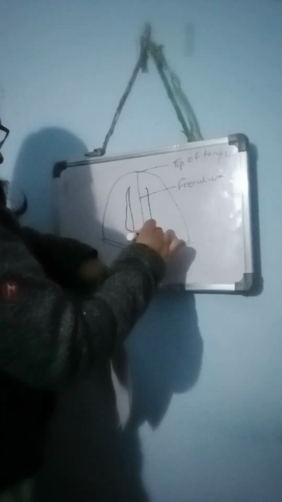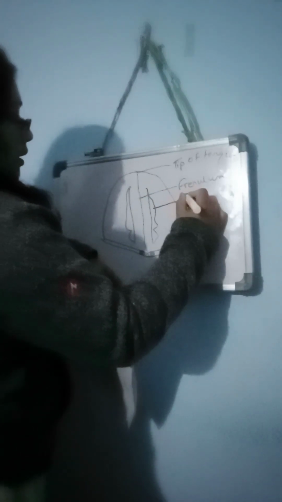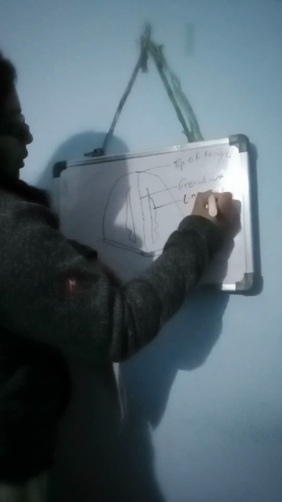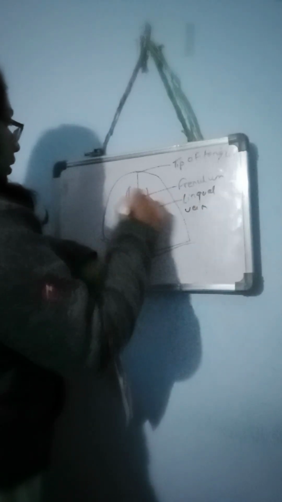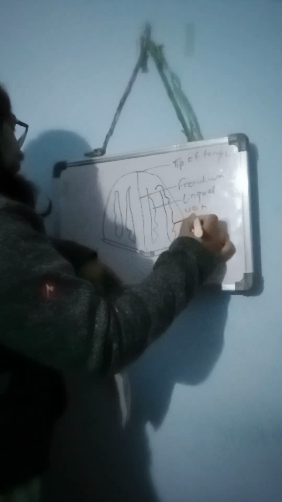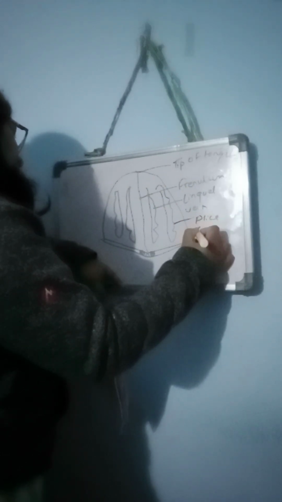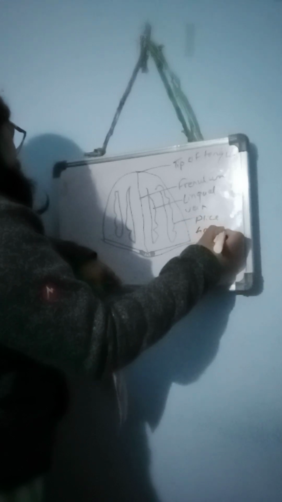Then this one is the lingual vein, and laterally we have the plica fimbriata. The vein has the blood in it, right?